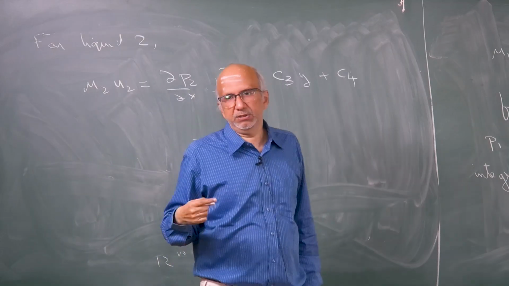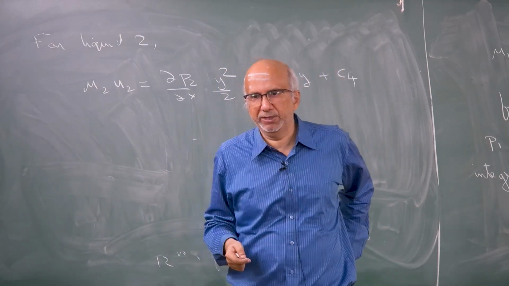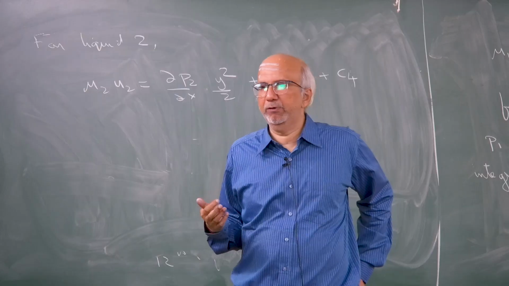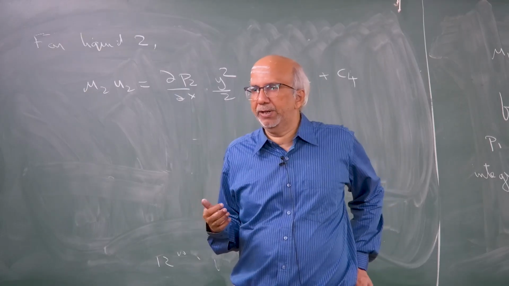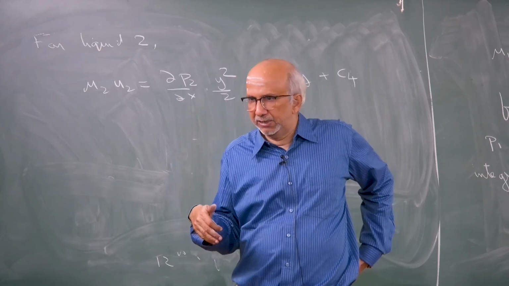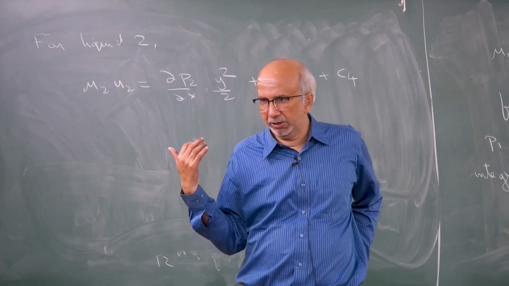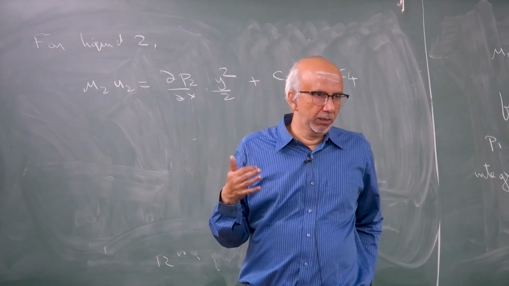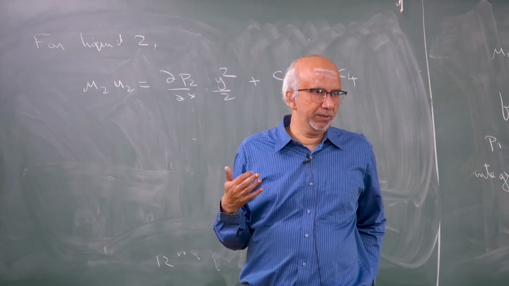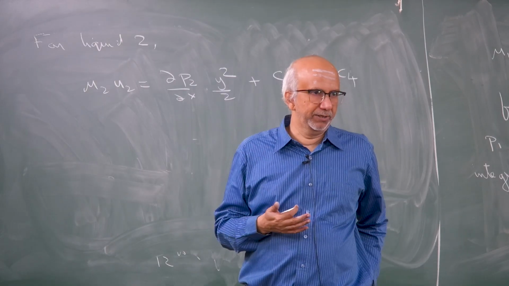C3 and C4 are these arbitrary constants which come from the integration, which we have to find out, and we find that out by using those boundary conditions that I listed. So, I had 4 boundary conditions, I have 4 constants, I find those constants by using those boundary conditions.